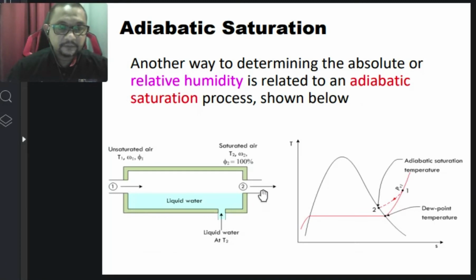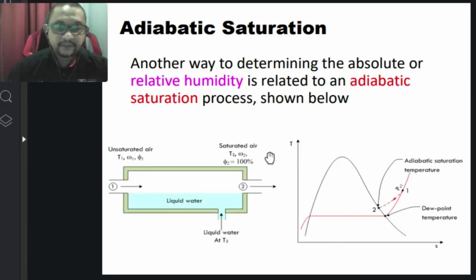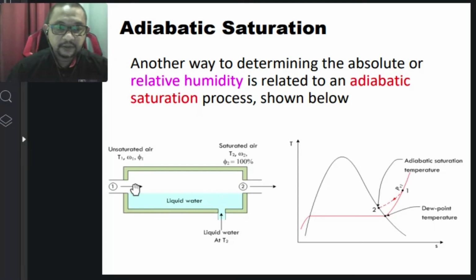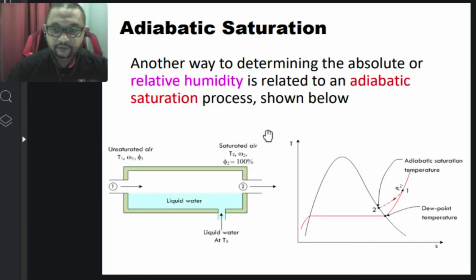So here we can apply the conservation of mass and conservation of energy equations for this steady flow system with two inlets and one exit, reduced to the following. Let me show the next slide.